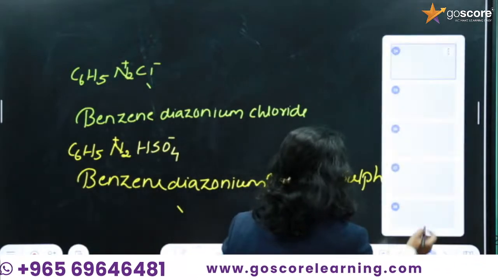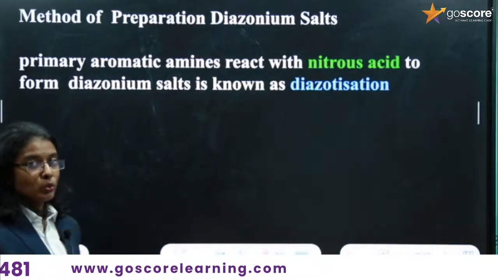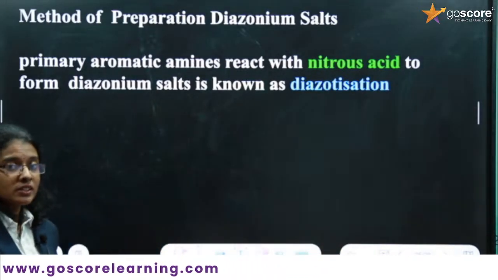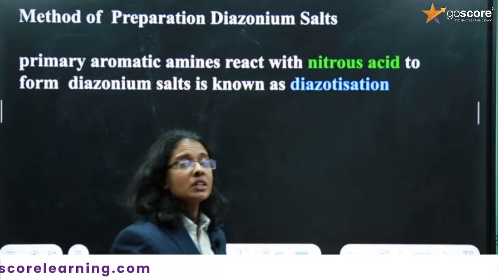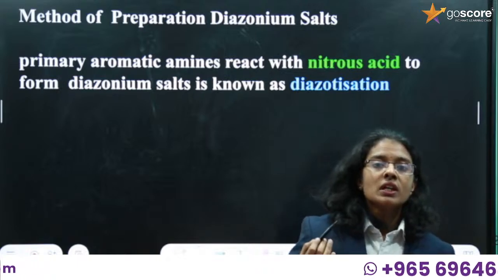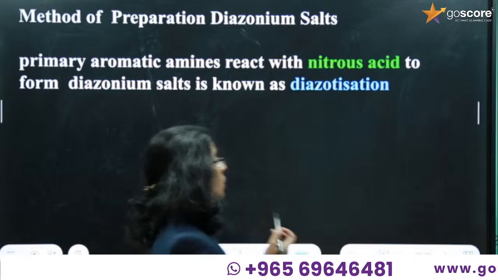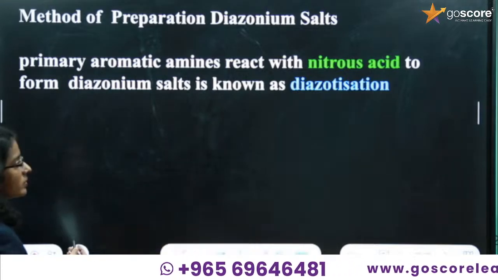Okay. The next one is the method of preparation of diazonium salt. Very important. What is that? Primary aromatic amine reacts with nitrous acid to form diazonium salt. That reaction is called diazotization.